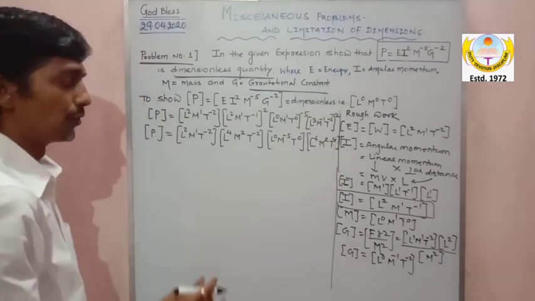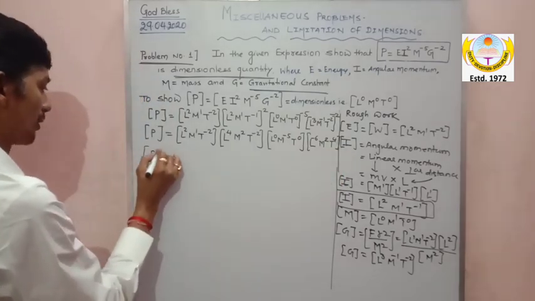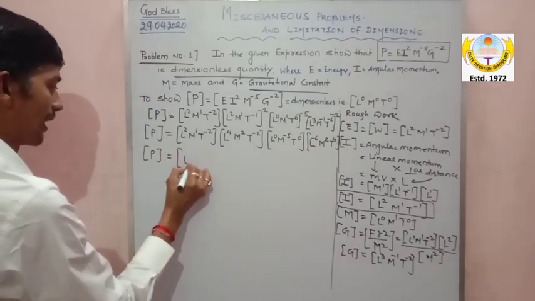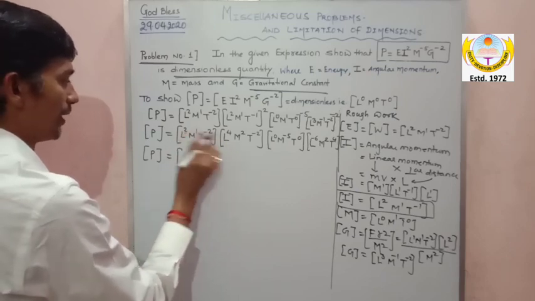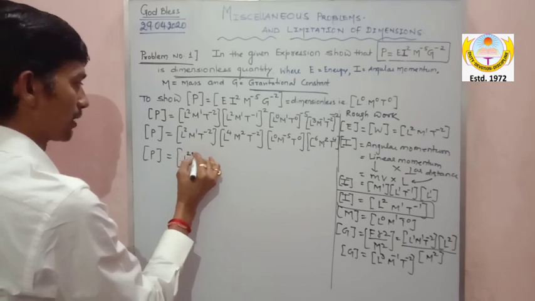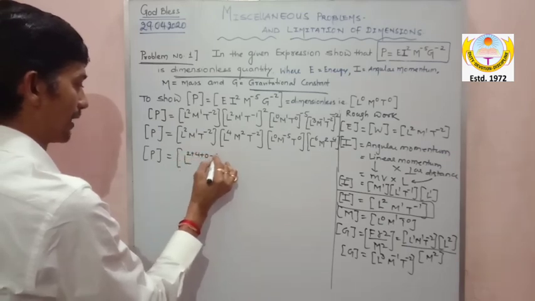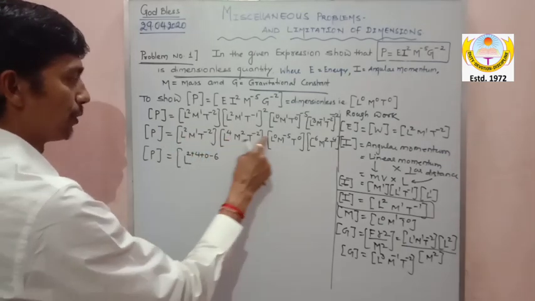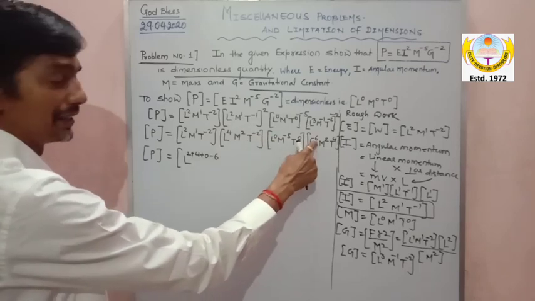Now there it will be P is equal to, my dear, now let's start. This is L power 2 and L power 2. So this is L power 2 plus 4 plus 0 minus 6. 2 plus 4 plus 0, and here it is minus 6.